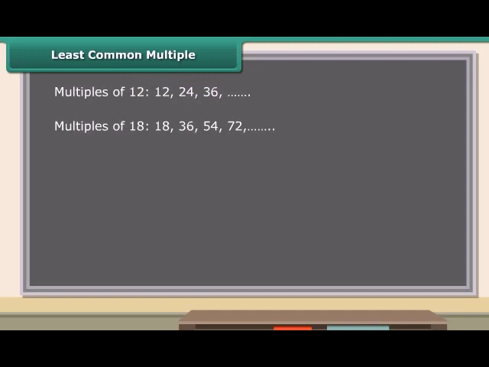Similarly, the multiples of 18 are 18, 36, 54, 72, and so on. The common multiples of both the numbers are 36, 72, and so on, but 36 is the smallest among these. Therefore, 36 is the LCM of 12 and 18.